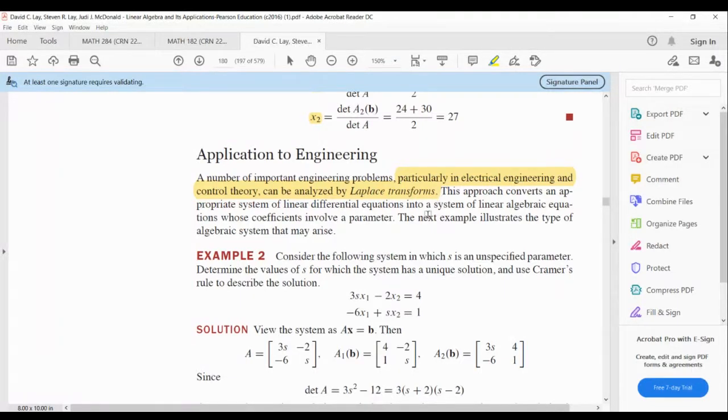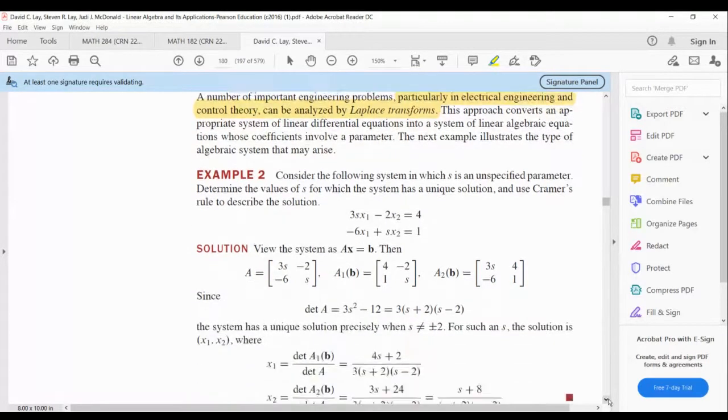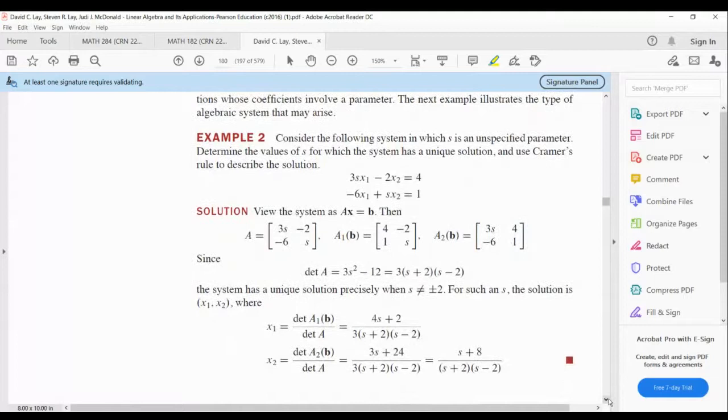The next example illustrates the type of algebraic system that may arise when you have a parameter. In example 2, they say, consider the following system in which S is an unspecified parameter. Determine the values of S for which the system has a unique solution.